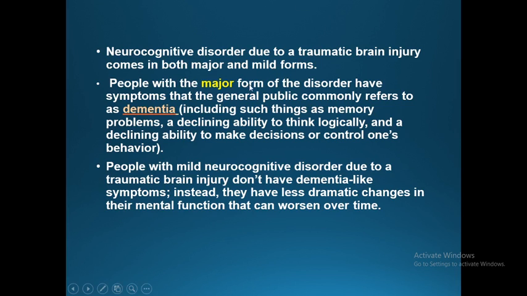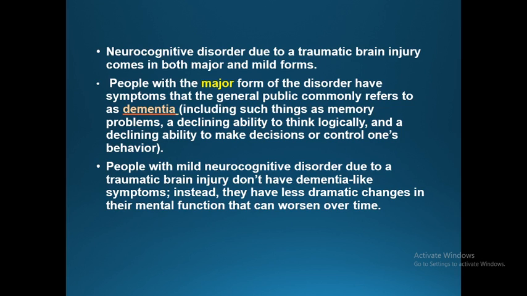People with the major form have symptoms that the general public commonly refers to as dementia, including memory problems, declining ability to think logically, and declining ability to make decisions or control behavior. People with mild neurocognitive disorder due to traumatic brain injury don't have dementia-like symptoms. Instead, they have less dramatic changes in their mental function.